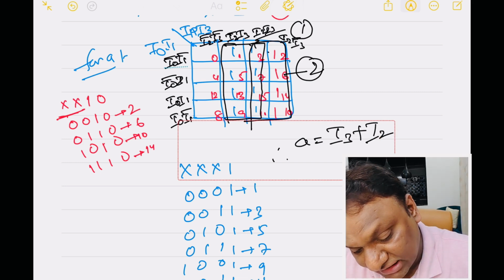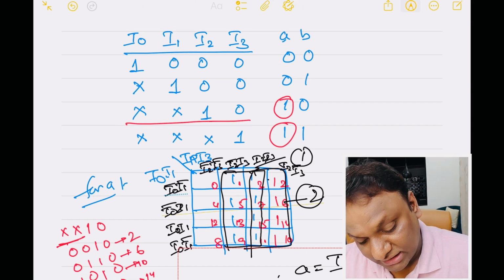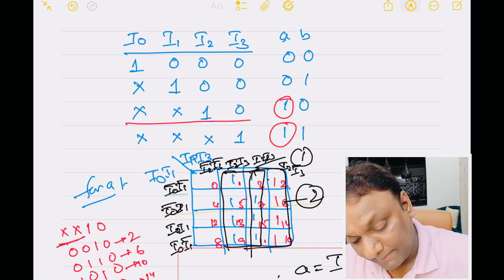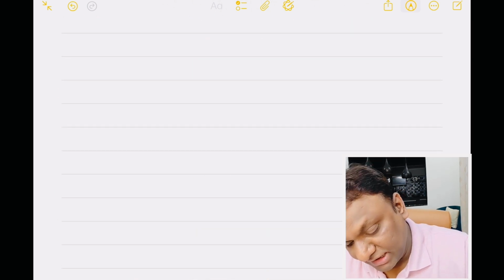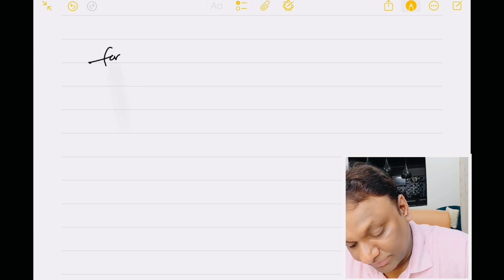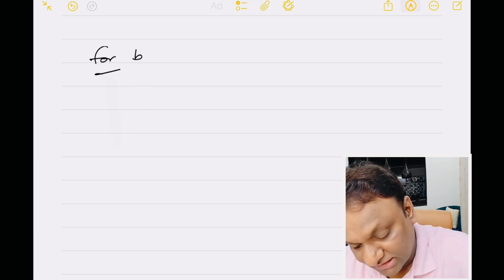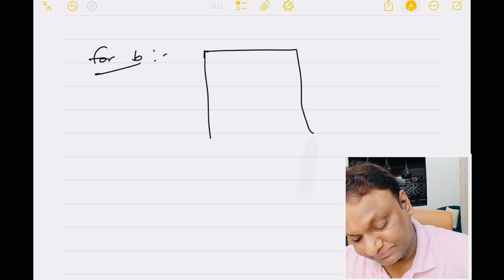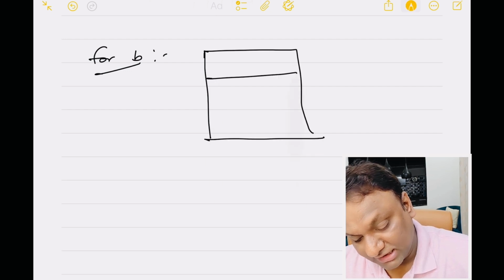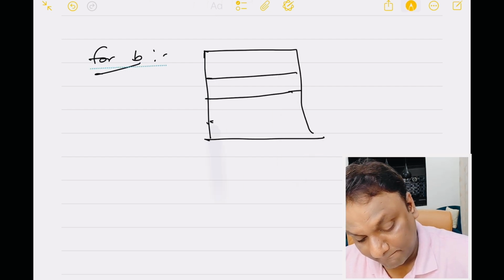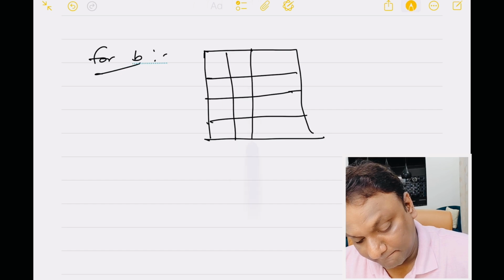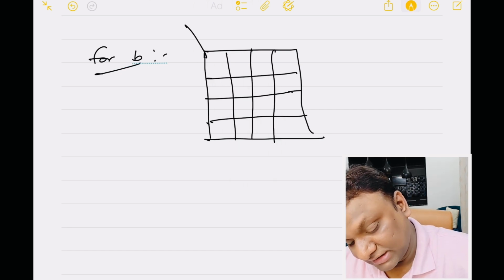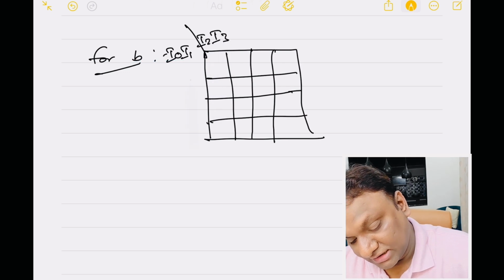Correct? Similarly, I can also have the K-map for the B output. So what is B here? I will draw the K-map first of all. A 4 variable K-map. So this is I0, I1, I2, I3.